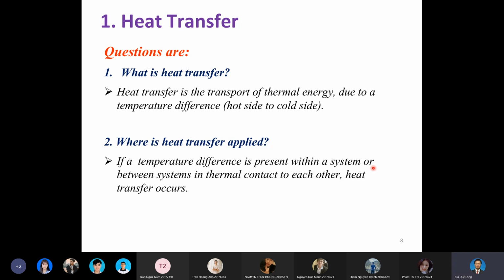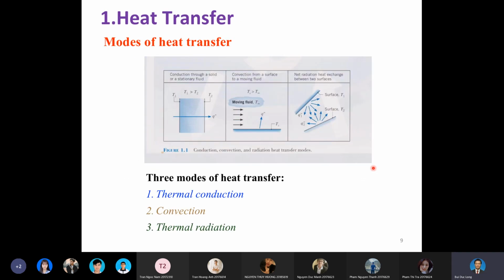So we will move to the next slide. Okay, here we have three different modes of heat transfer, as I mentioned earlier. We have conduction, thermal conduction. We have a different temperature from one side to the other side. For example, you have one bar here.